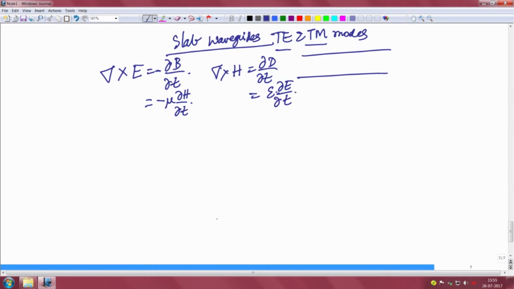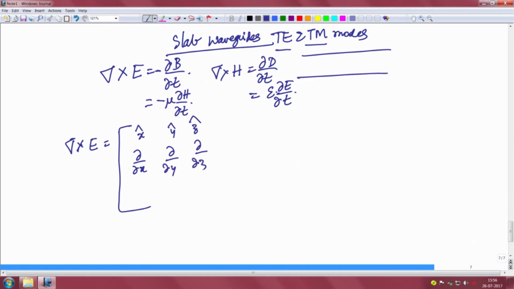Quickly let us expand the fields using the matrix approach. We can write del cross E in a matrix form by using the x component, y component and z component unit vectors, into d by dx, d by dy and d by dz, and Ex, Ey and Ez.